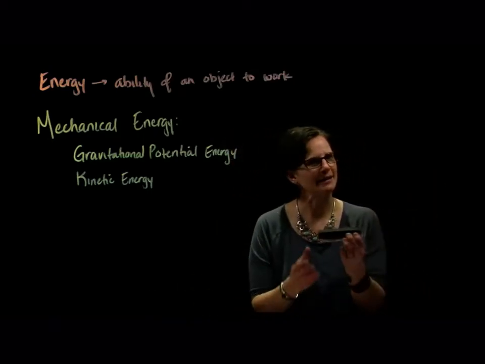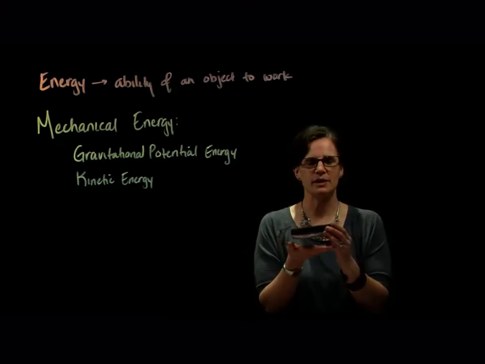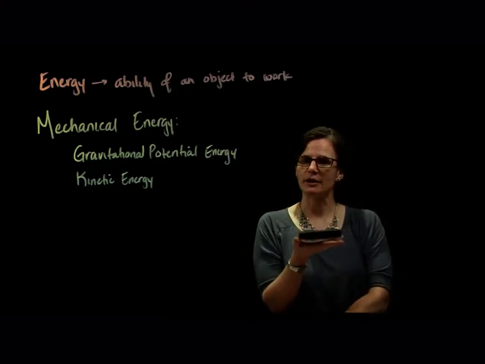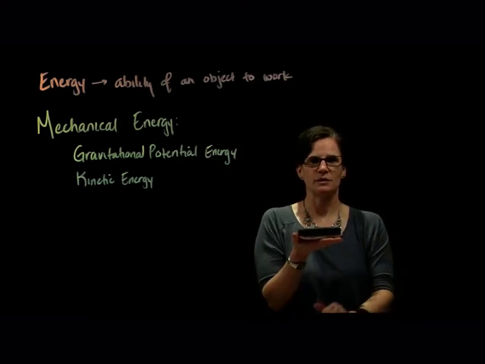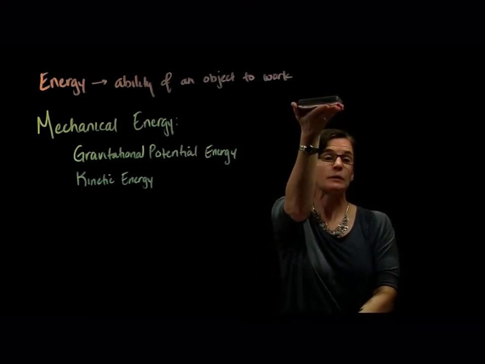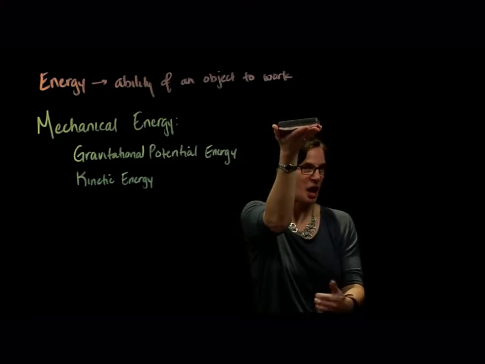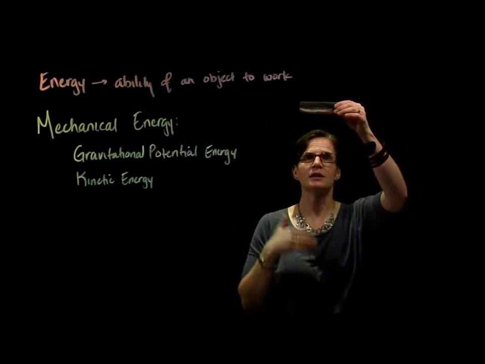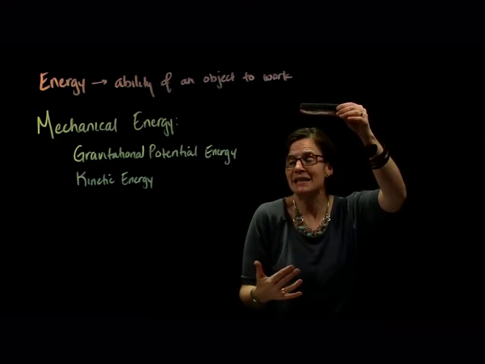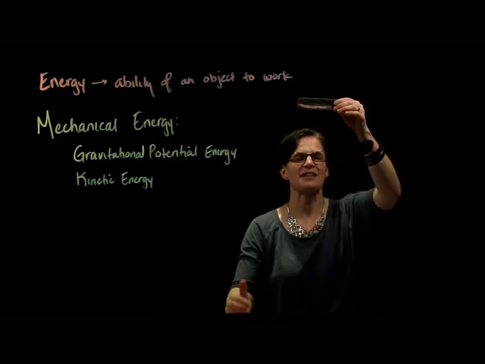So let's look at an example of me doing work on this eraser. So the eraser is sitting here at this level, and I'm going to apply a force and move it through a distance. I've just done work, so did gravity. It did negative work, and I did positive work. I just applied some work on this object, and now it, by definition, has to have some energy.